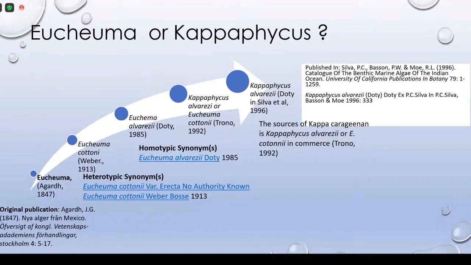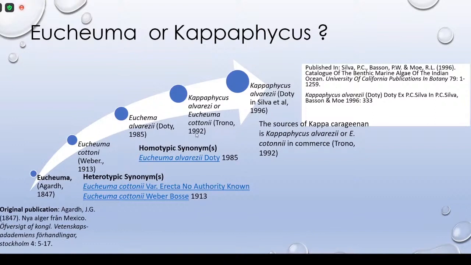And it changed in 1985 by Doty using Euchema alvarezii, with homotypic synonym Euchema alvarezii.